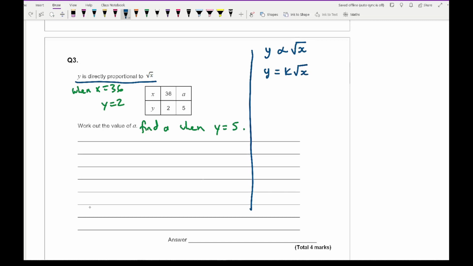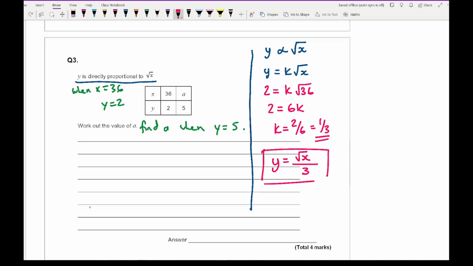I then substitute my known values of x and y, so that's going to be 2 equals k root 36, so 2 equals 6k, so k is going to equal 2 over 6, which is 1 over 3. So the formula is going to be y equals the root of x over 3, or a third of root x.